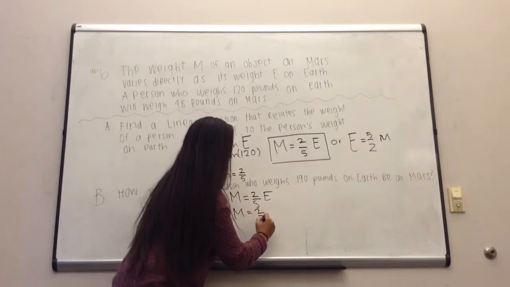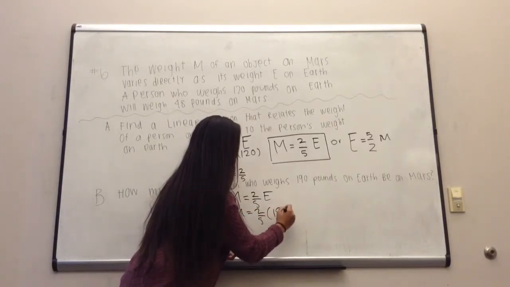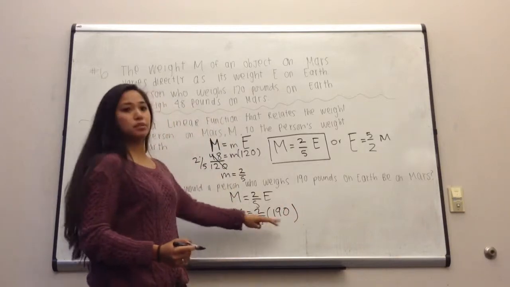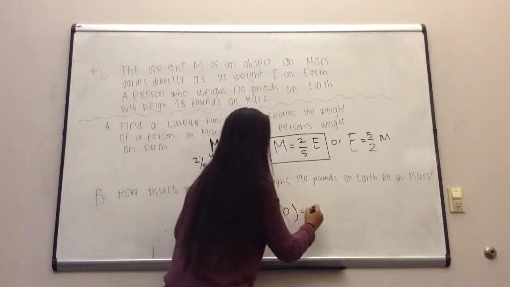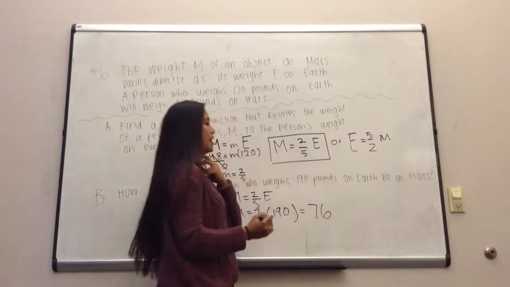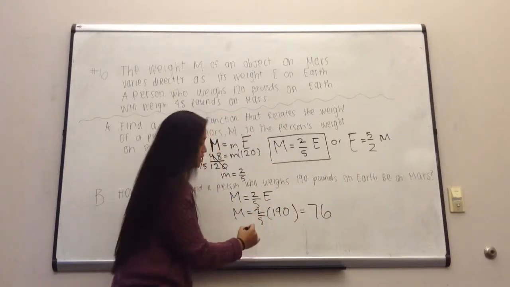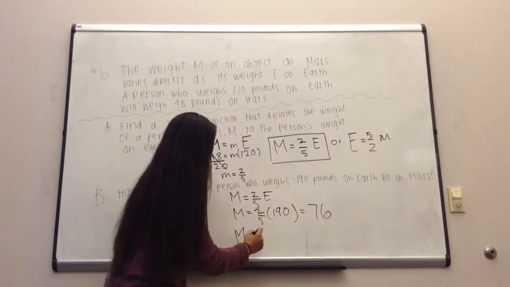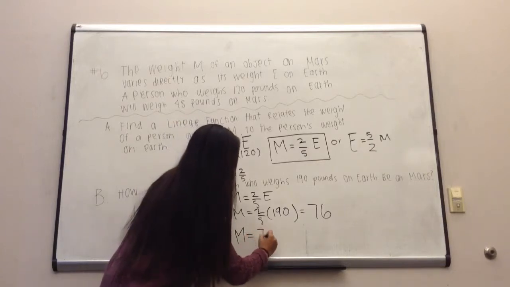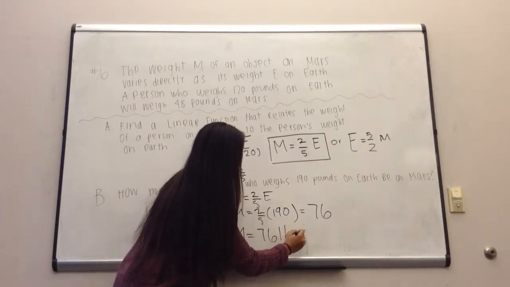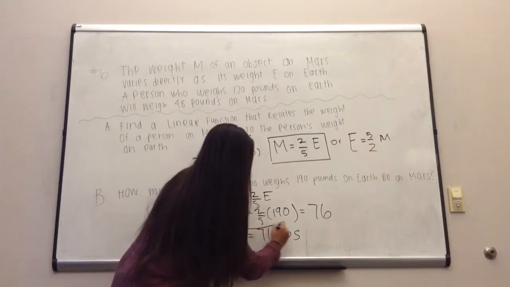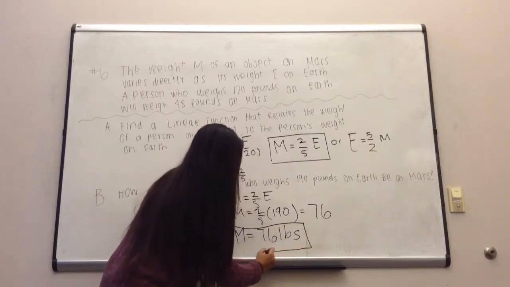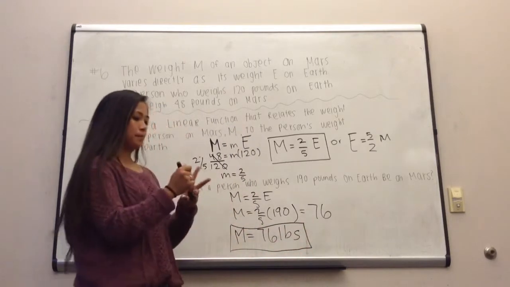So 2/5 times 190, and when we multiply that together, we get 76, and your final answer would be a person on Mars would weigh 76 pounds. And that's it.